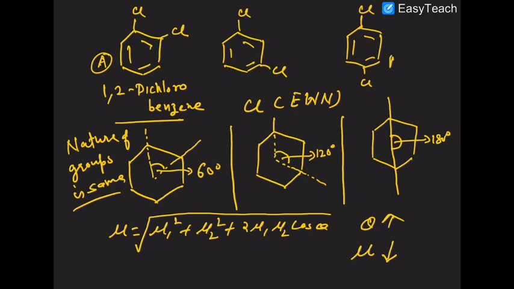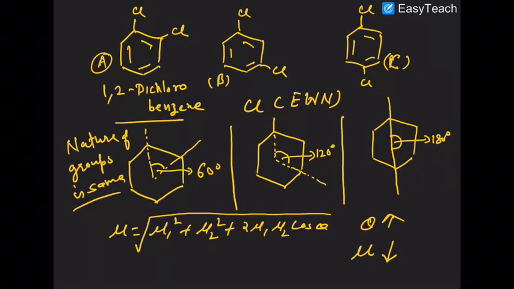And in case of compound C, that is 1,4-dichlorobenzene, the value is 0. When the two bonds are at an angle to each other, you have to take into account the net dipole moment formula.